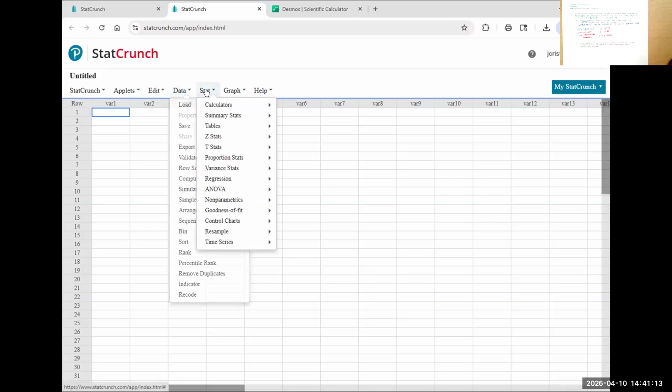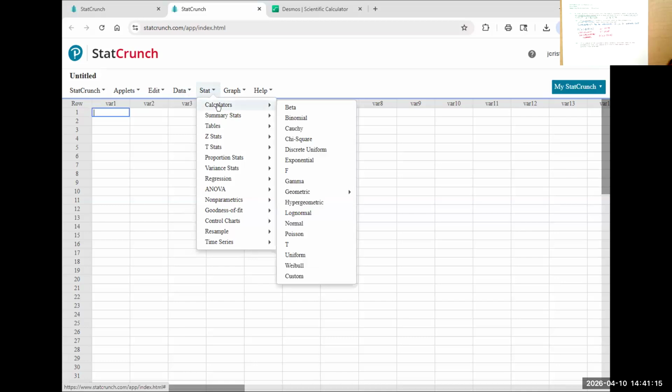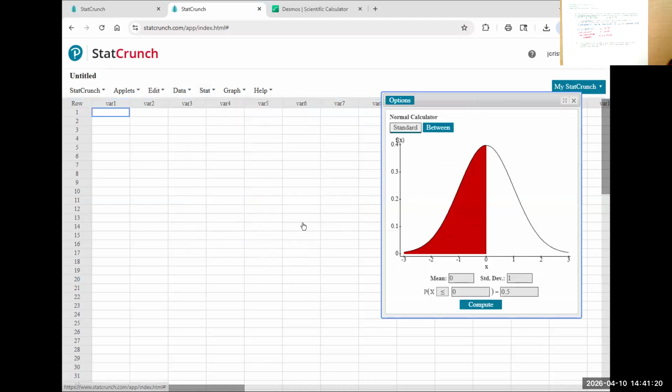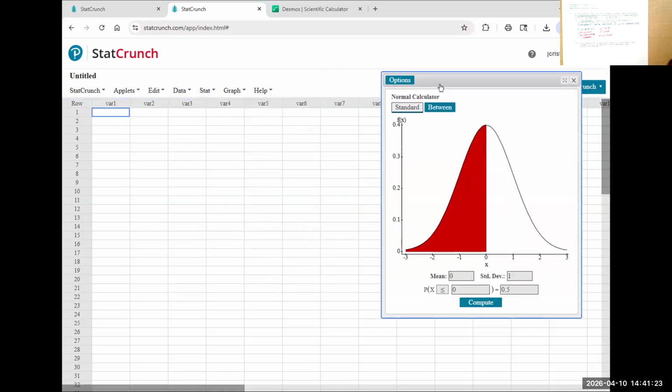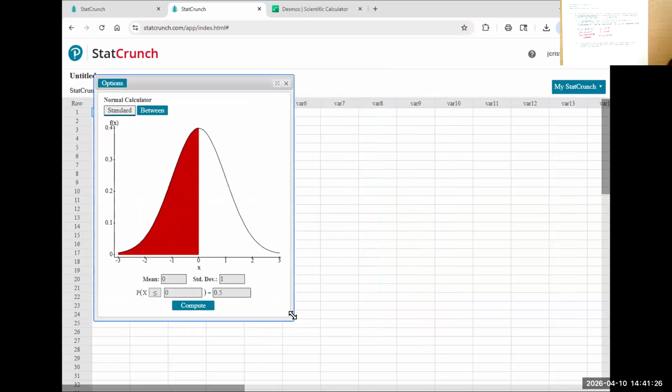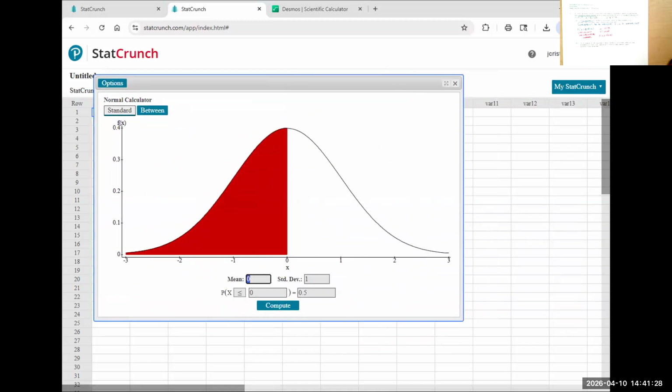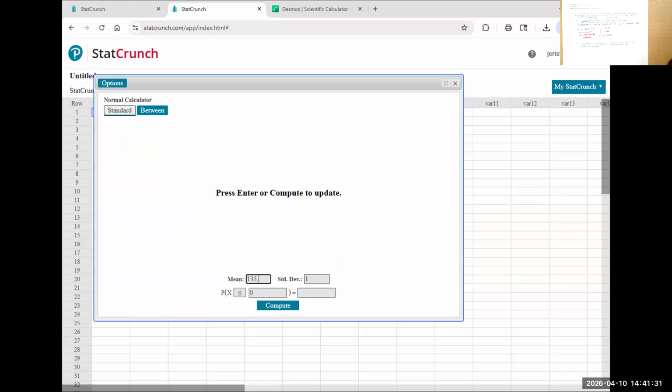Looking at StatCrunch, we go to Stat, Calculators, Normal calculator. For this problem, our mean is $135.79, our standard deviation is $24.68, and we want the probability that X is greater than, more than, $150. I'll put in 150, change the direction, and compute.